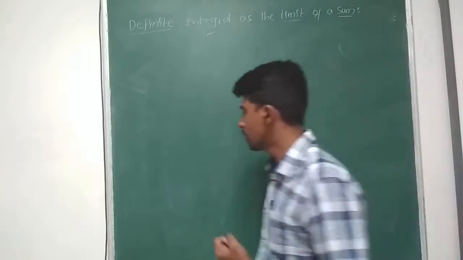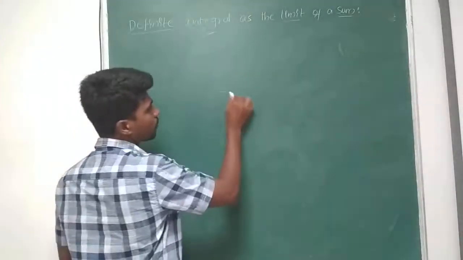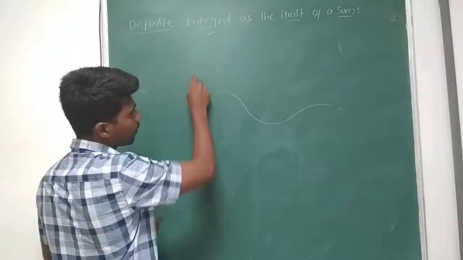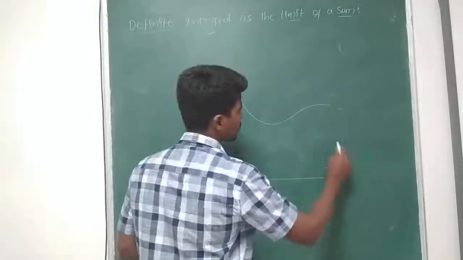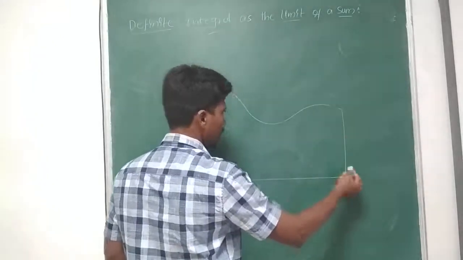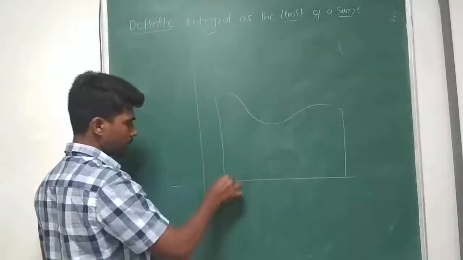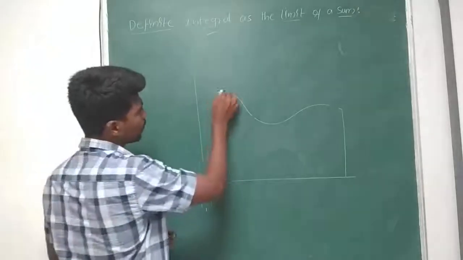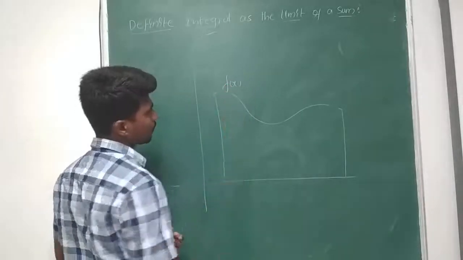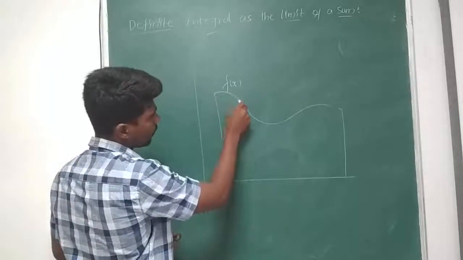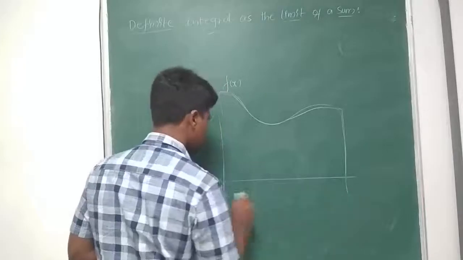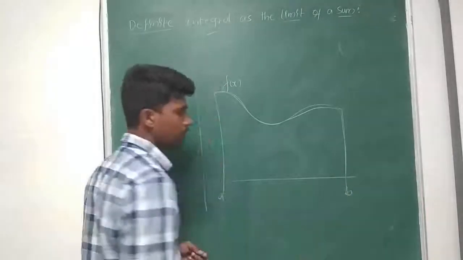See, if I have a curve like this one, so this is the curve given, with respect to the x-axis. The area enclosed by the given curve, let it be f of x, and the boundaries I provided are these, a and b.